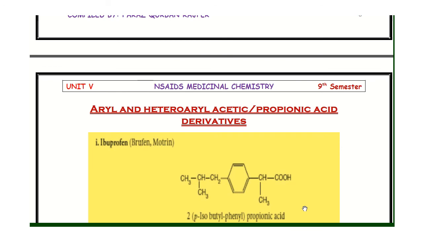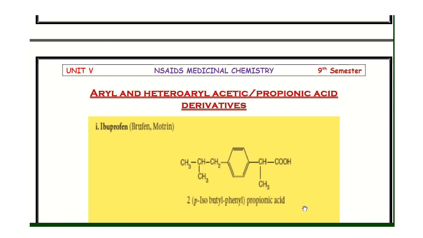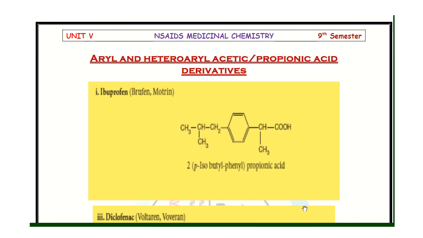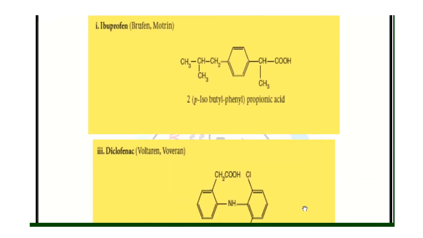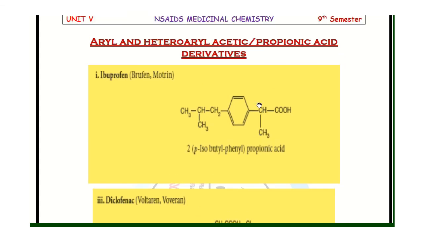The next class of these drugs are the aryl or heteroaryl acetic or propionic acid derivatives. Among them, only the chemical structures of ibuprofen and diclofenac are mentioned as per your syllabus. This is the chemical structure of ibuprofen. You may observe that the propionic acid is placed at one end of the benzene ring, and on the other end the isobutyl side chain is present.